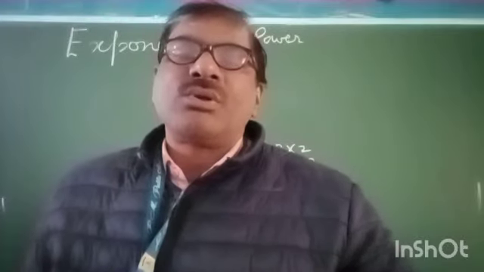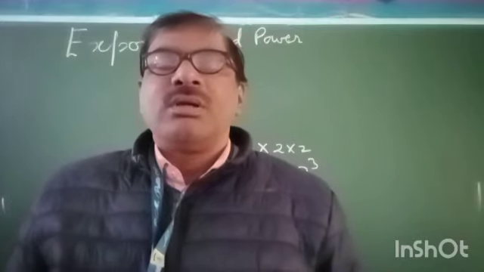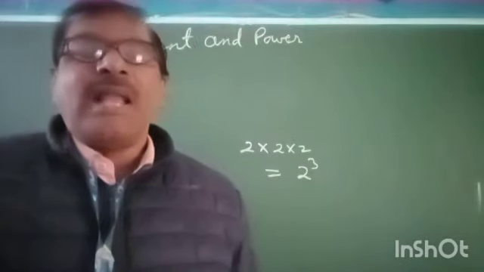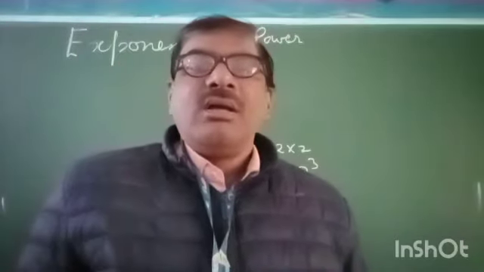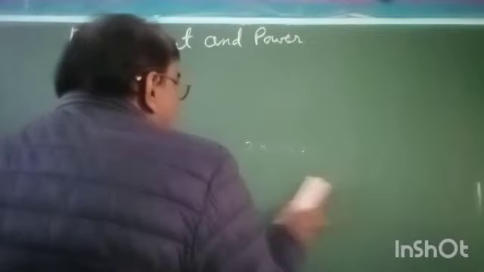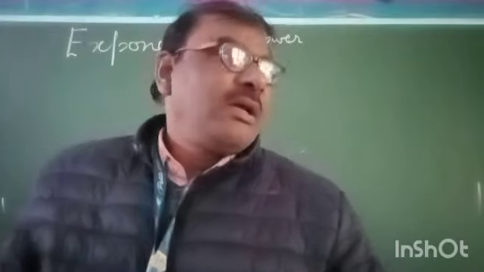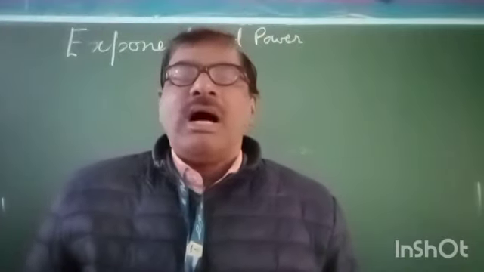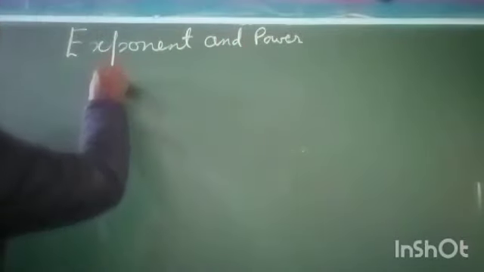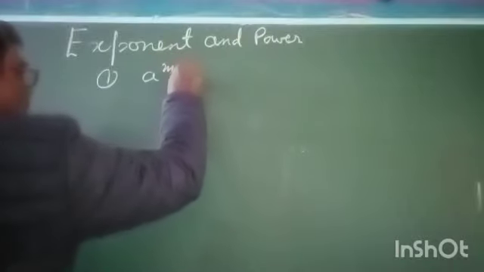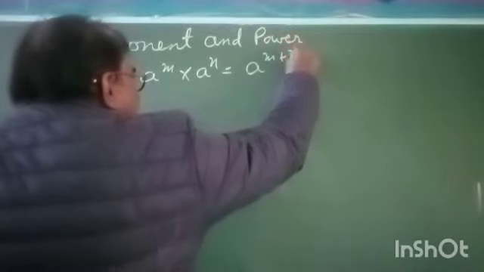Now dear students, in this video I will explain the laws of exponent. The first law of exponent is, if a and b are two non-zero rational numbers, then a to the power m multiplied by a to the power n equals a to the power m plus n.